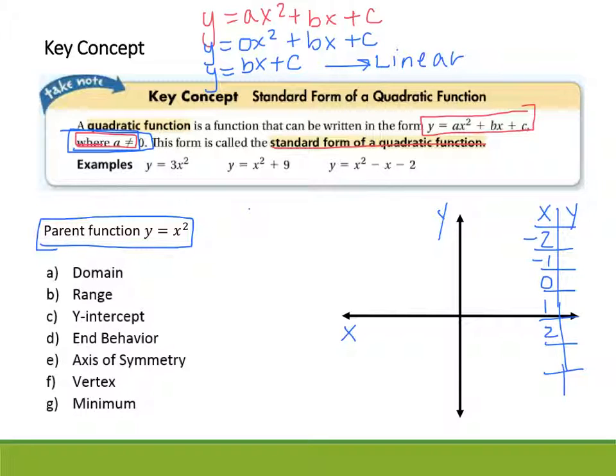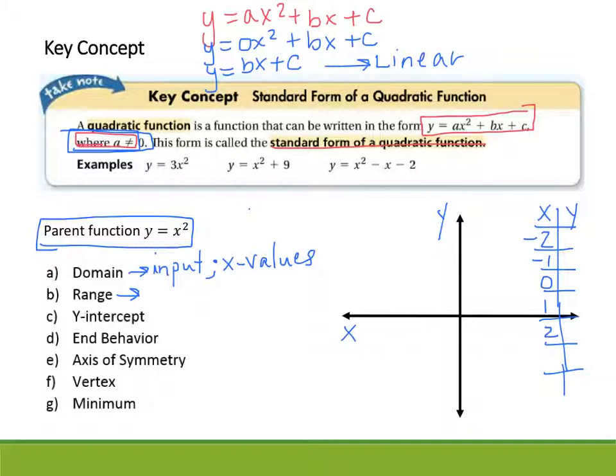Now these values are called domain values. Recall from previous lessons that domains are your input values. And in the case of these basic functions, they correspond to your x values. Now, when we actually put our domain values into our function, what we will be computing are the range values.